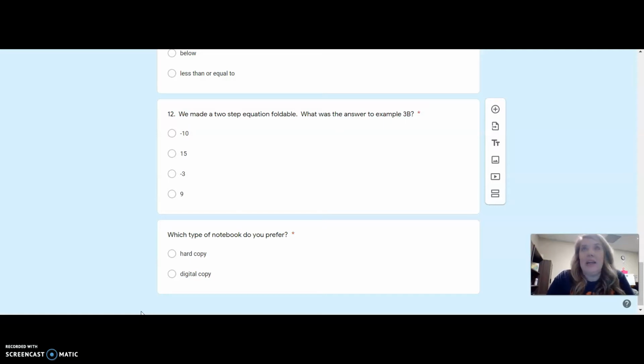You're not in my classroom, so it is very difficult for me to make sure that you're copying down notes when you're at your house. So the way that we try to keep everybody accountable is to give a quiz over notes to make sure that you are taking the class seriously and writing things down when we ask you to write them down, so that you have something to refer back to.